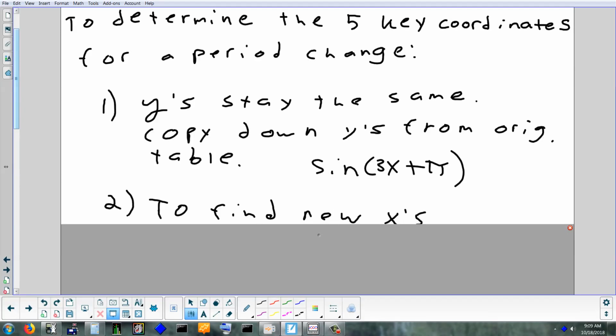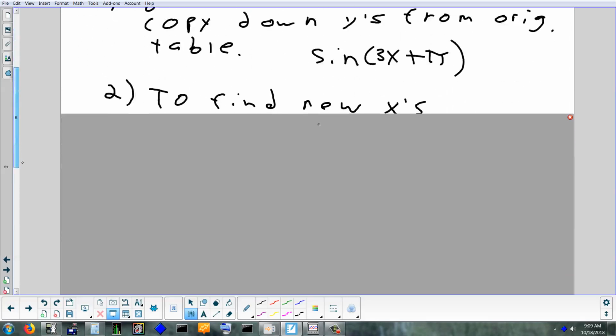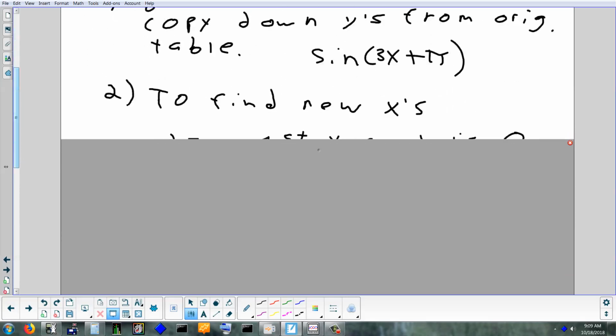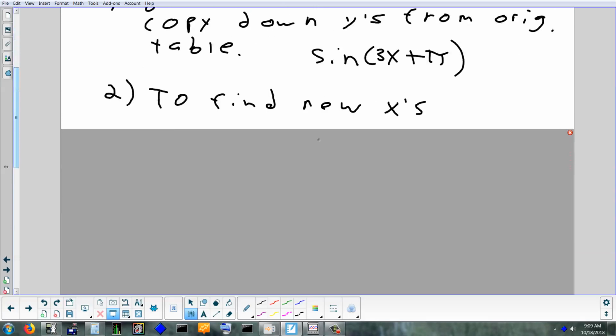It's being shifted by pi, and the period is being compressed. If you have problems that get into more complicated stuff, the method I'm going to show you doesn't always work. In fact, it wouldn't work for that problem. But since we don't have to get into that, I can show you a simple method that'll work for the ones that you're doing.